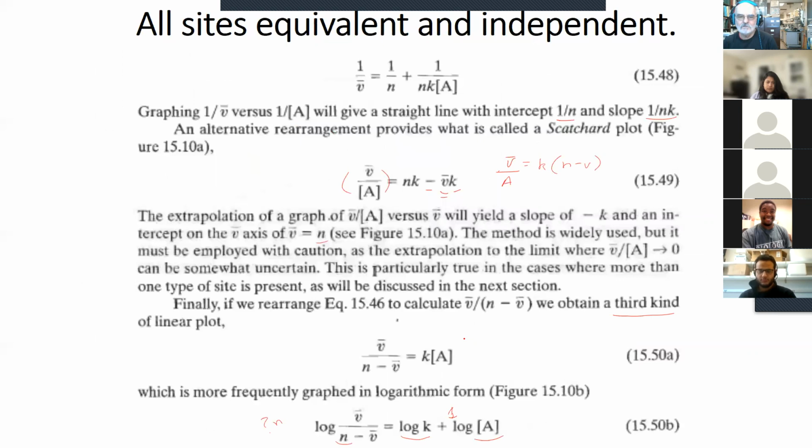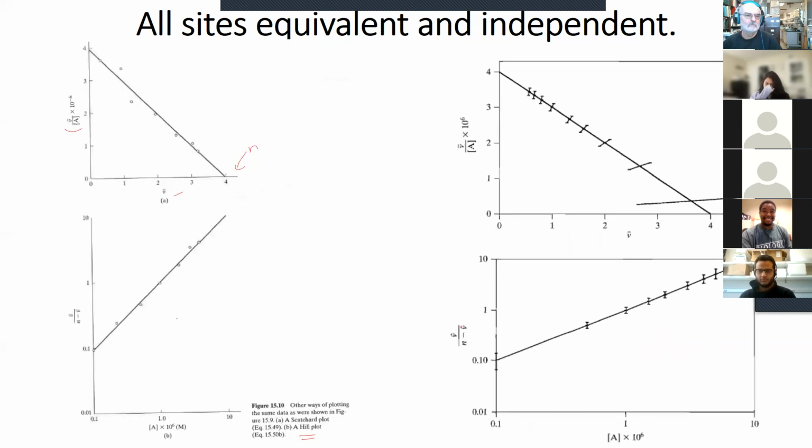So if I wanted to, let me do it down here. The log of K plus the log of A. All right.